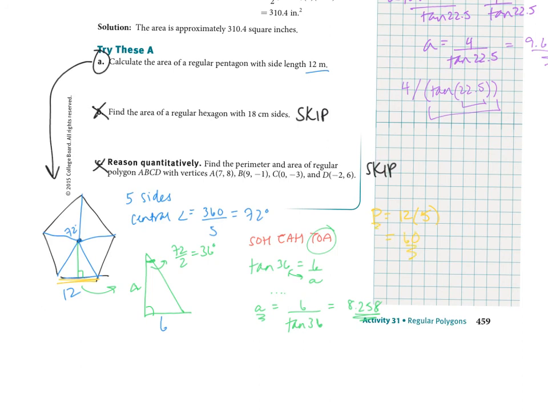Remember, that's our perimeter. So now let's finish up with our area. Area is going to be 1/2 A, which is the apothem, times P, our perimeter. So we have 1/2 times 8.258 times 60. All right, put that in our calculator. We get 247.7 meters squared as our area. Nice. All right, good deal.